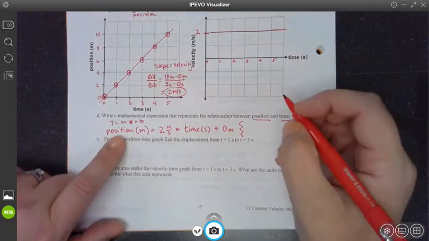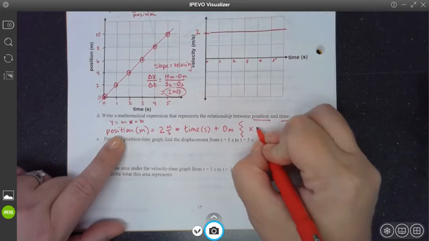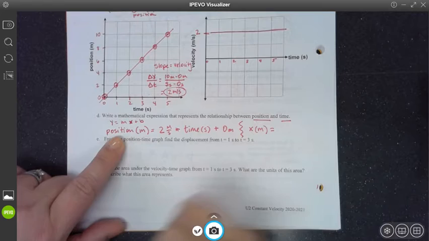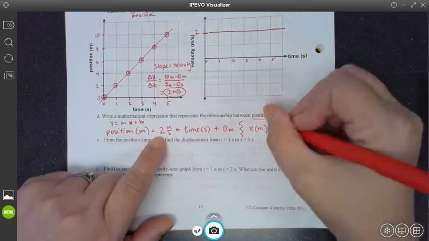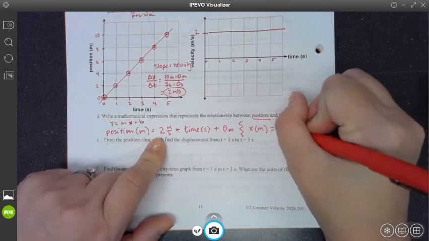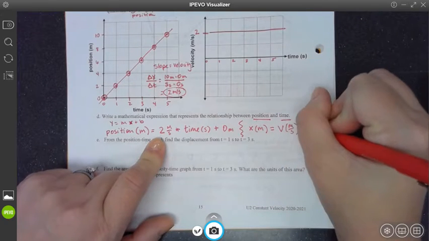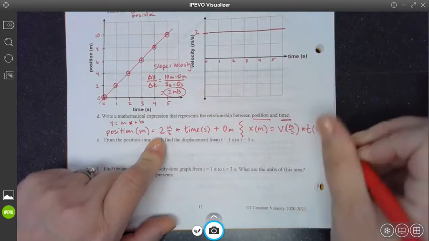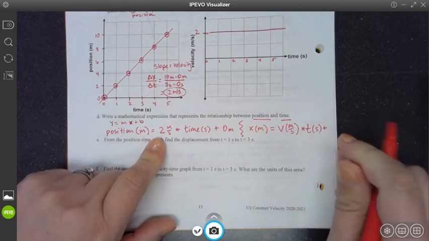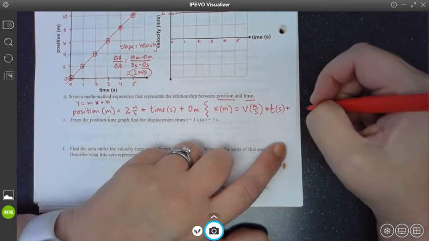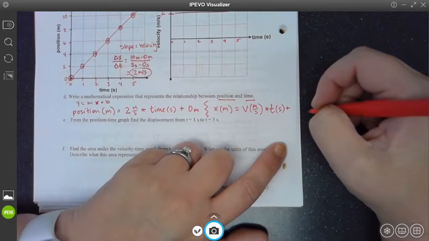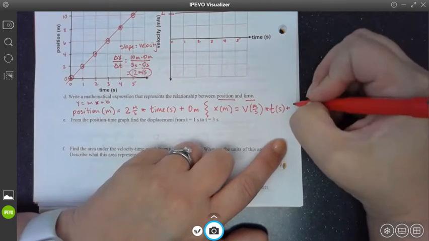Another way to think about this is that we've got our position in meters equal to, and we've said this before, this number right here is our velocity. So our position equals our velocity, meters per second, times time in seconds, plus another way to write where your y-intercept is, or your initial position, right?